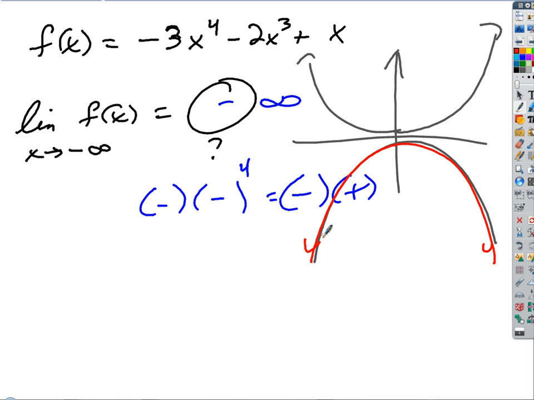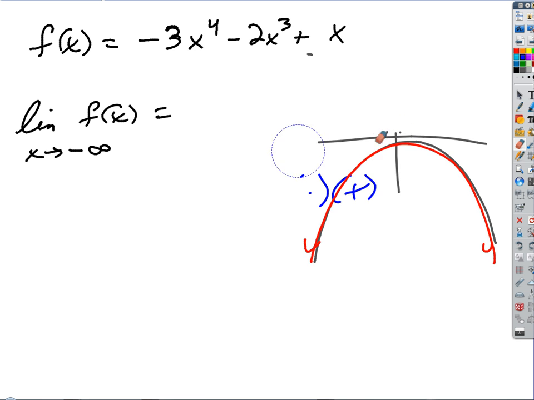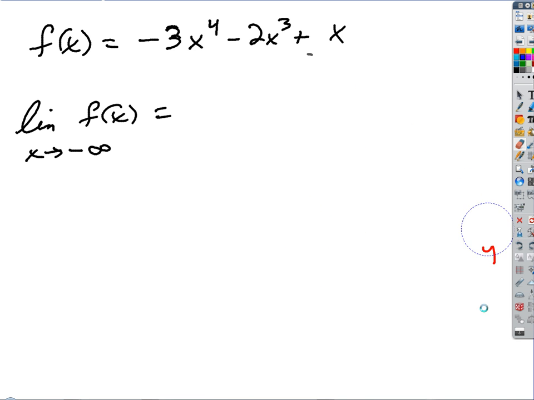What if this had been, same problem, let's say, x to the 5th?